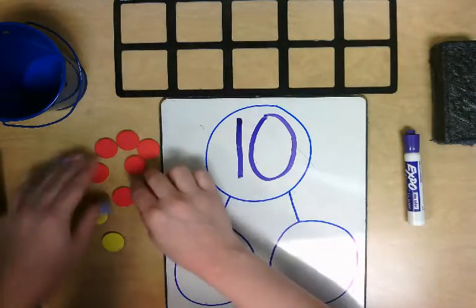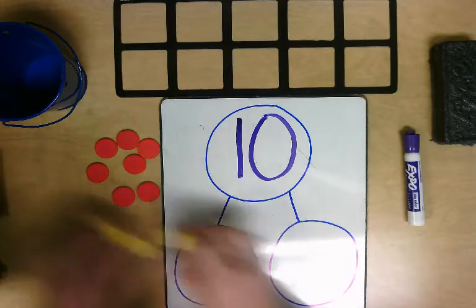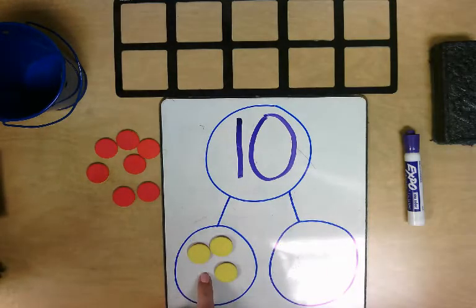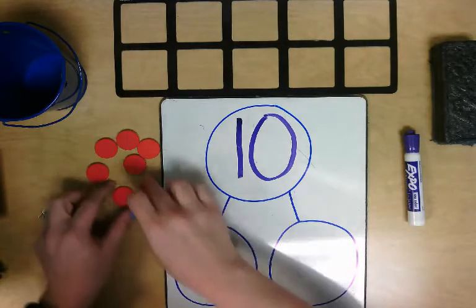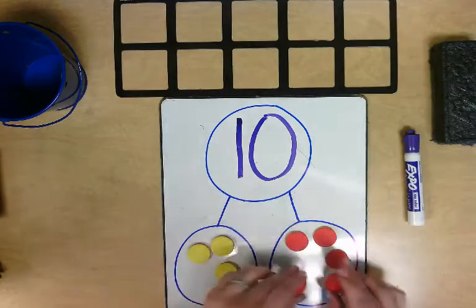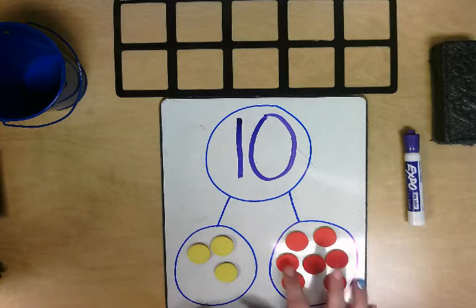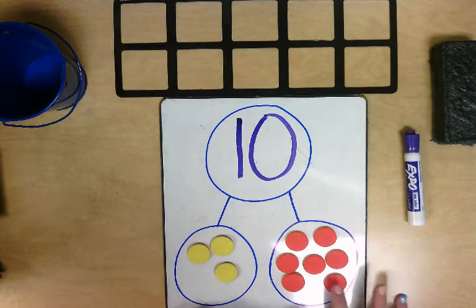So here we go. Look at our first part. How many do we have here? 3. 1, 2, 3. Now let's look at our second part. How many do we have in our second part? 1, 2, 3, 4, 5, 6, 7.